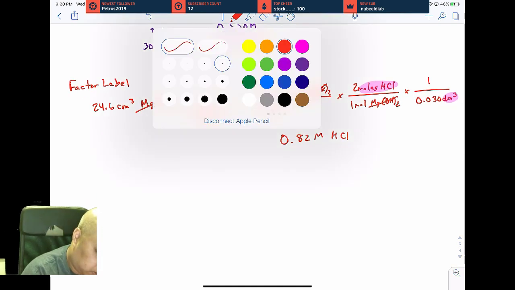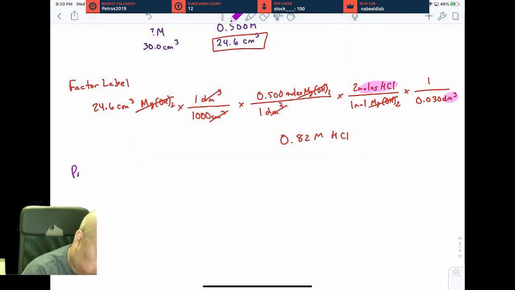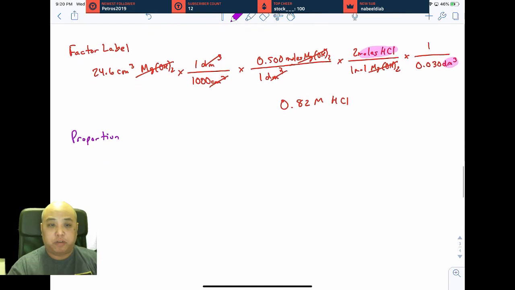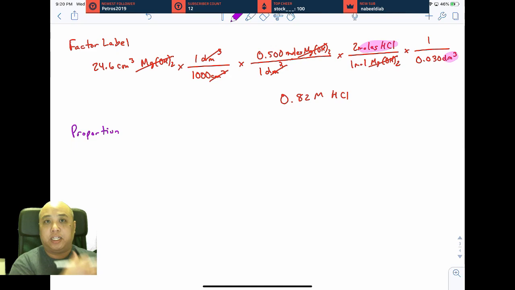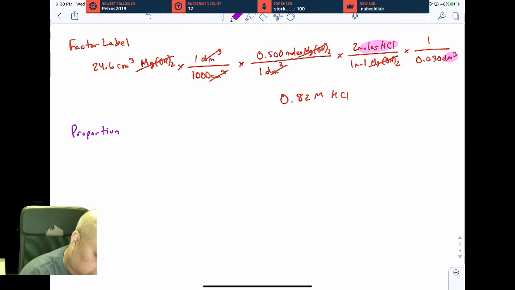Okay? In the proportion method, you're going to be solving for moles, then solving for the mole-to-mole ratio, and then going back to that. So you'll have 3 steps. First of all, the molarity of MgOH2 is 0.500 moles per decimeter cubed, but I have 0.0246 decimeters cubed.